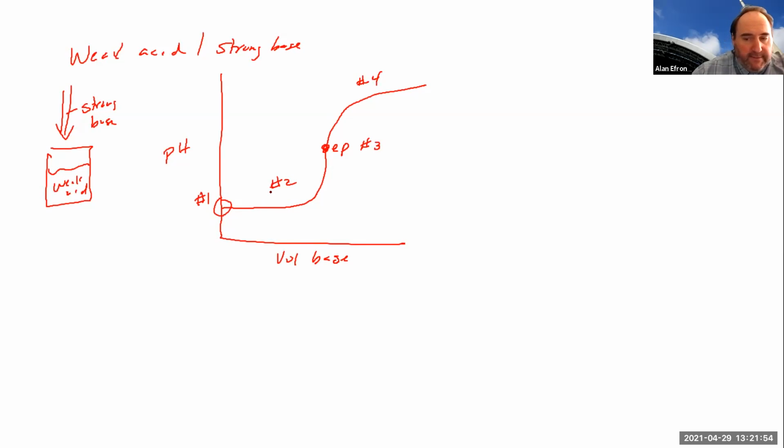What's different in this type of titration, as we talked about, is that we are using a weak acid instead of a strong acid, say something like HF, plus some sodium hydroxide, making some sodium fluoride and some water here. In this case, a couple of things occur.